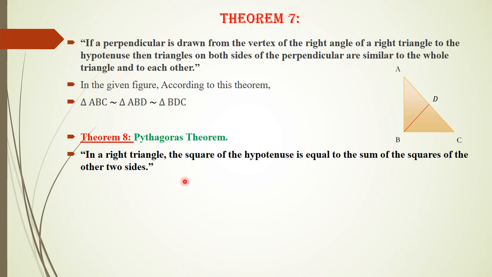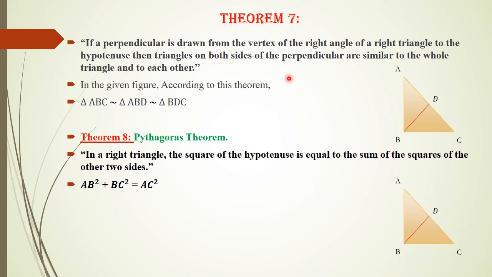Let us understand this again with this diagram. According to Pythagoras, the square of the longest side of a right angle triangle is equal to the sum of the squares of the other two sides. That is, in this triangle we can say AB square plus BC square gives us AC square. That is what this theorem says.